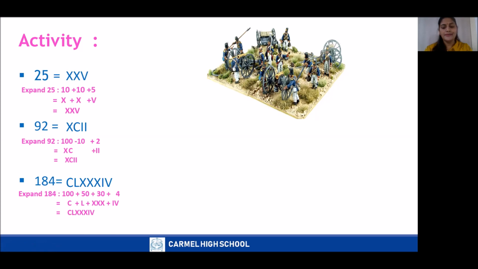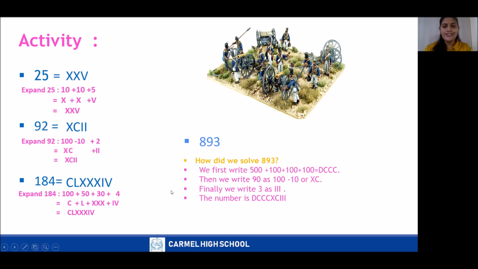Now I have one last number, that is 893. Arrange the cards for this. Yes. How did we solve this? We first write 800 as 500 plus 100 plus 100 plus 100.